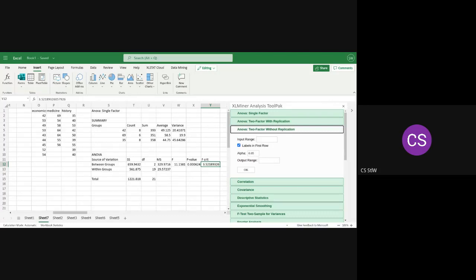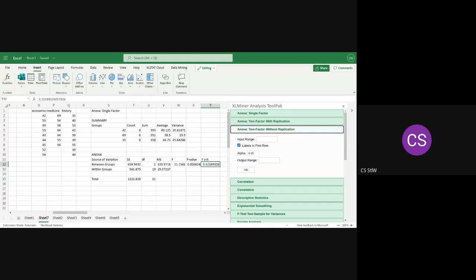So when you're doing the ANOVA, if the F is greater than the F critical, the F critical is affected by the alpha that we have here. That's our critical value, and it is mostly found using the tables.